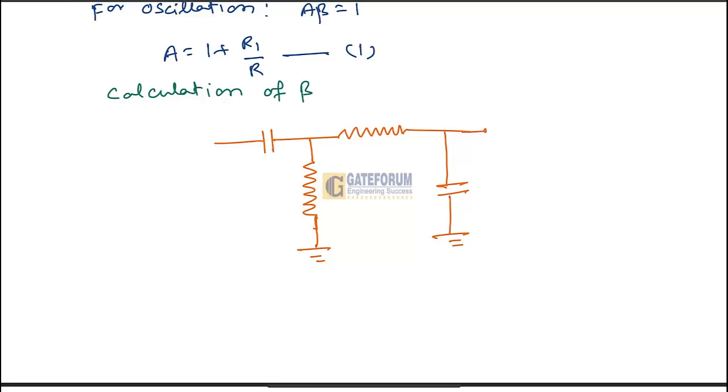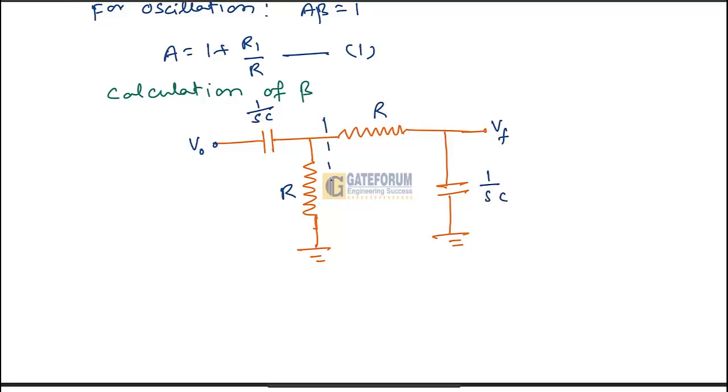This node point we call VF, the feedback output voltage, and V0 is the input for this feedback network, taken from the output of the op-amp. In Laplace form, we write the capacitor as 1 by SC. This is R, this is R, and this will also be 1 by SC.